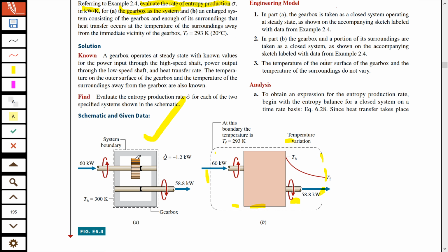So if Q dot is minus 1.2 kilowatt, let me just label this so that we know what we are doing. This 60 kilowatt, you can think of it as W in dot, work transfer in, and this is work transfer out.